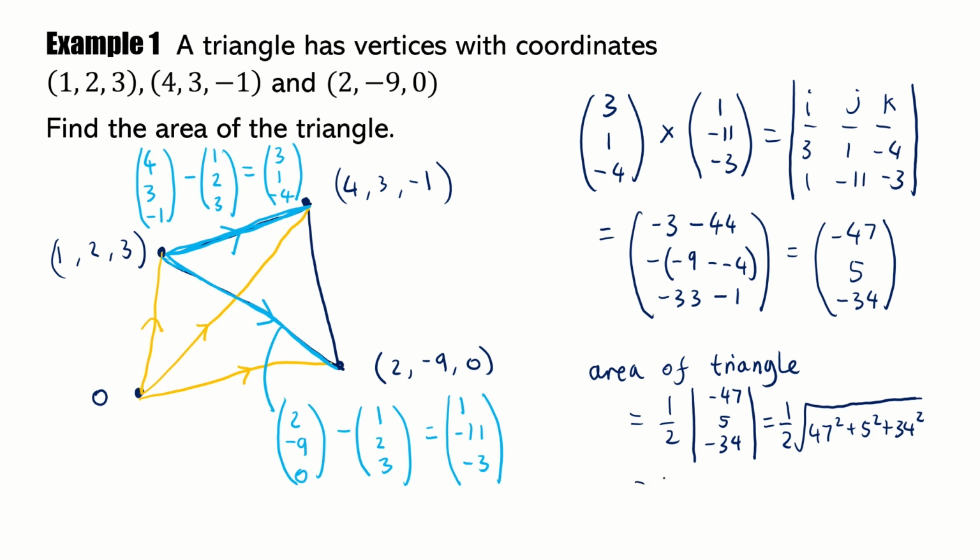If you work that out, that will come to 1/2 lots of the square root of 3,390, which comes to 29.1 to 3 significant figures.